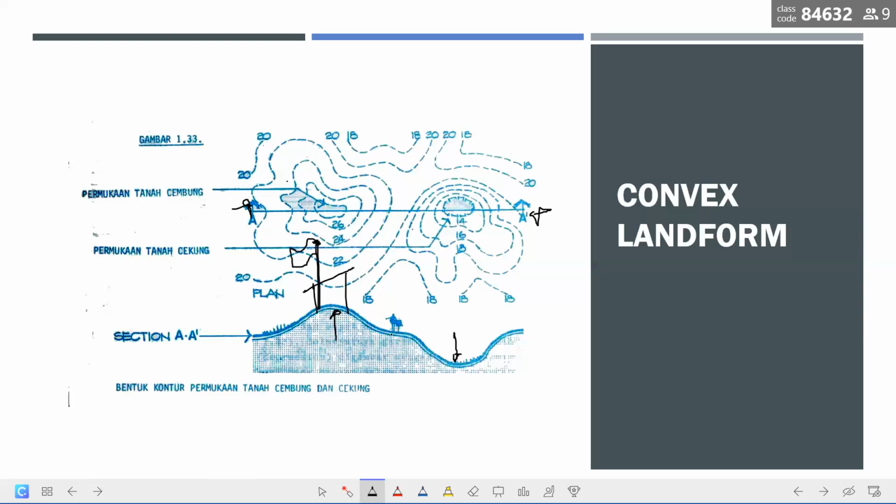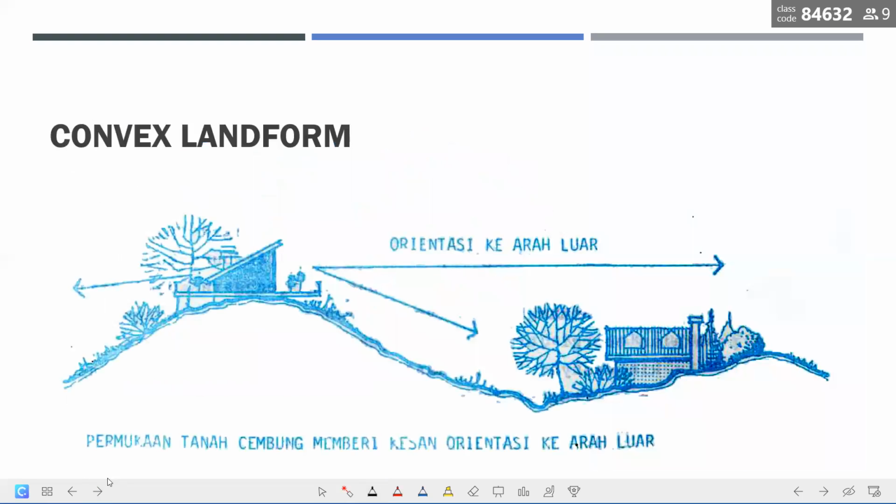and down here, perhaps you can introduce water features for children to play around in, and here where you have a pathway and so on. So here's another illustration of what you can do with the combination of convex and concave landforms.